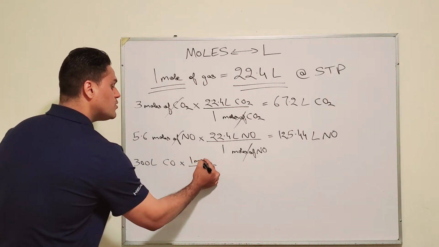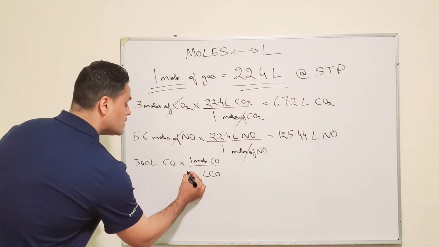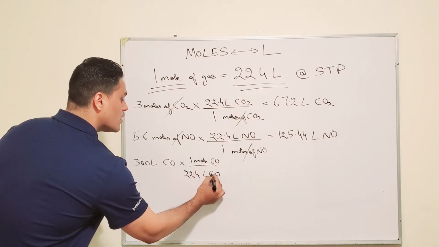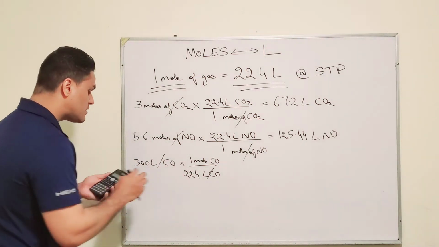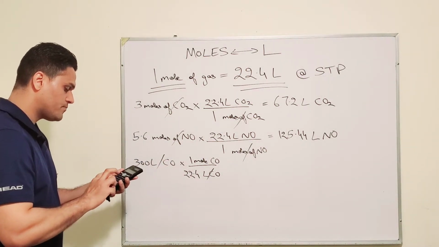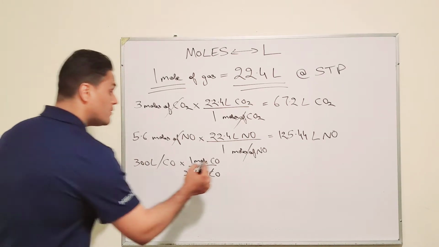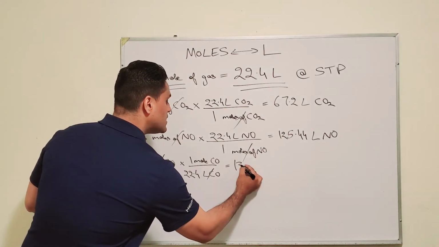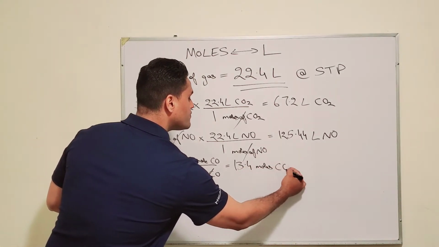And we know 1 mole of CO is going to give me 22.4 liters of CO. Now your liters are going to cancel. So all we do is 300 divided by 22.4. That gives me 13.4. So we're going to get 13.4 moles of CO.